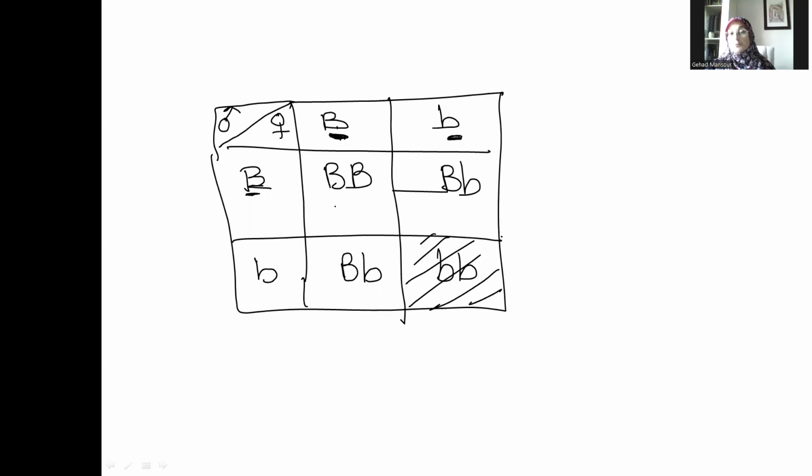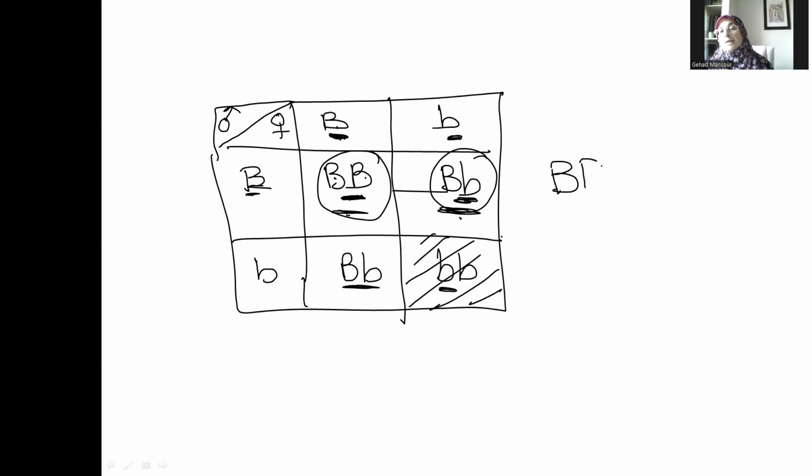Of course, you are supposed to write the phenotype under the genotype. So genotype B capital is brown. This one is brown, that one is brown, that one is blue. But the difference between this brown and that brown is that this one is pure or homozygous, and that one is hybrid or heterozygous.